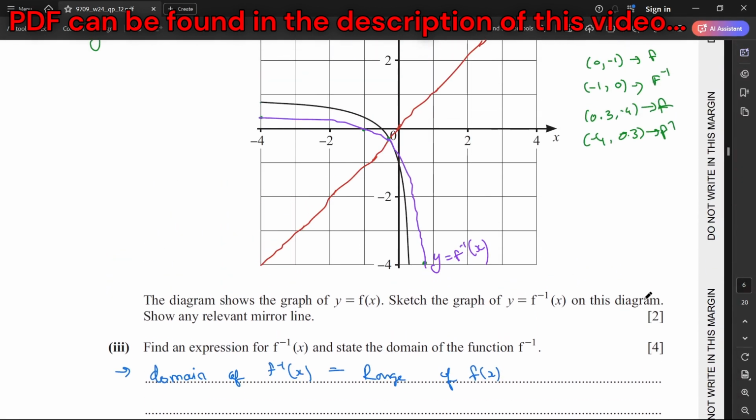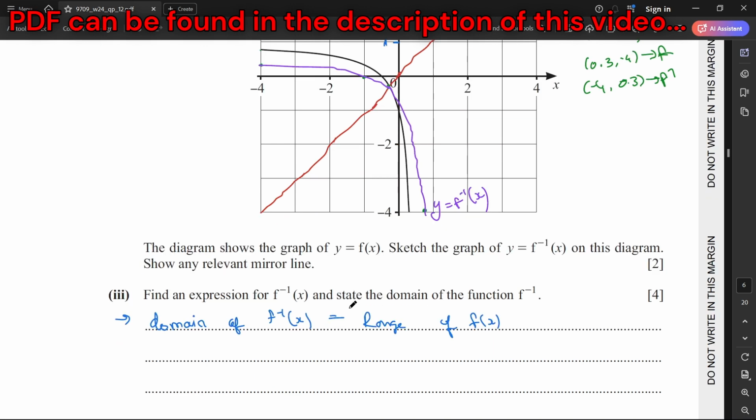Now if I look at the curve for this black line, I can see that it is always staying under the line y is equal to 1. So the maximum value for the function is 1. It can never cross 1, and 1 is exclusive. And for the minimum value, it is going to negative infinity.